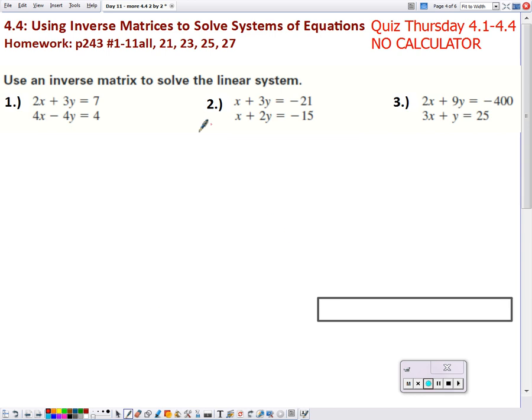So for number 2, the first thing I'm going to do is write my coefficients. 1, 1, 3, 2, times my variables, x, y, equals our two answers, negative 21, negative 15. This is A, this is xy, this is B.